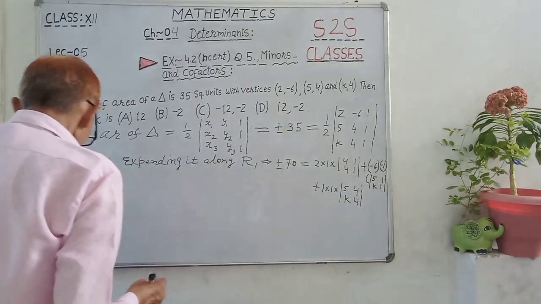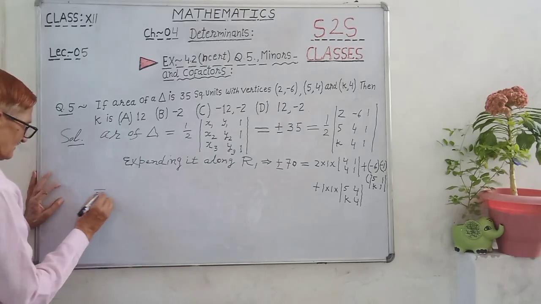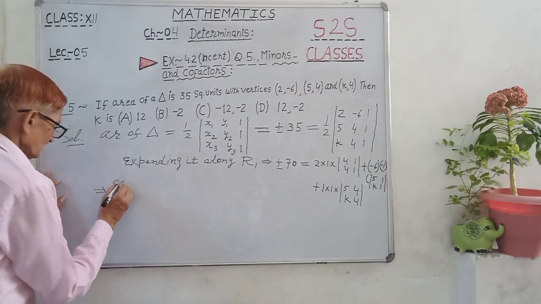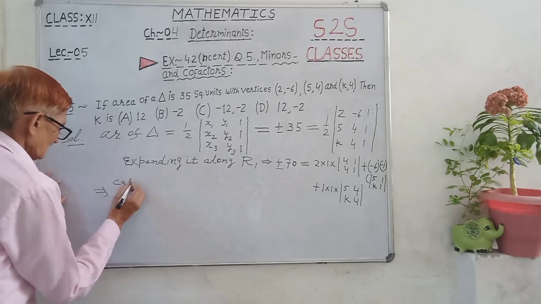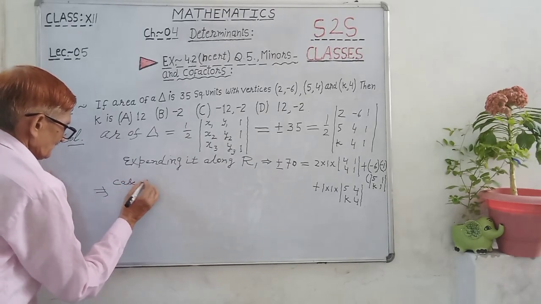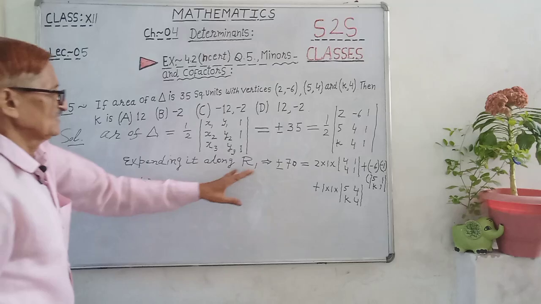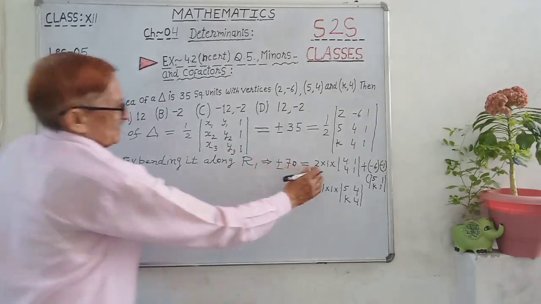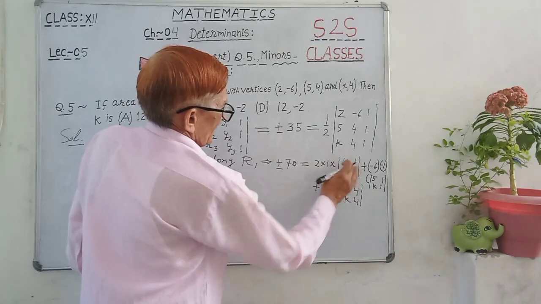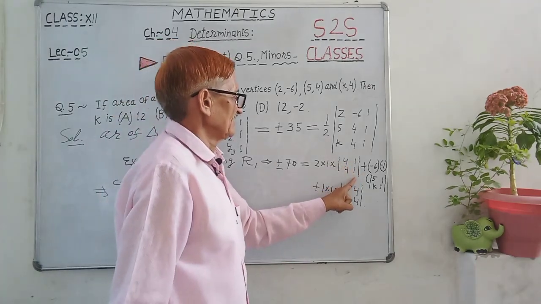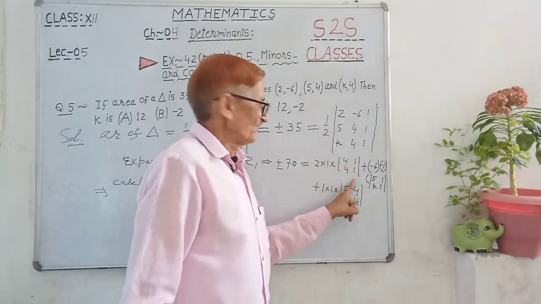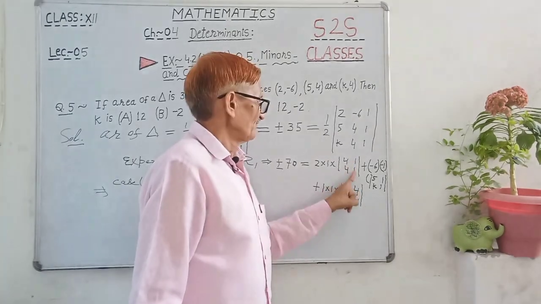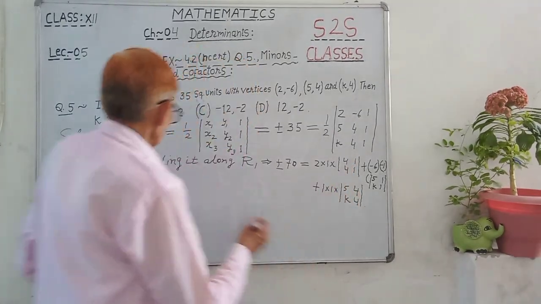Now simplify further. What is case 1? Case first: take this positive 70. Then expand: 4 into the remaining 1, 4 into 1 is 4, and then 1 into minus 1 into 4, so 4 into minus 4.